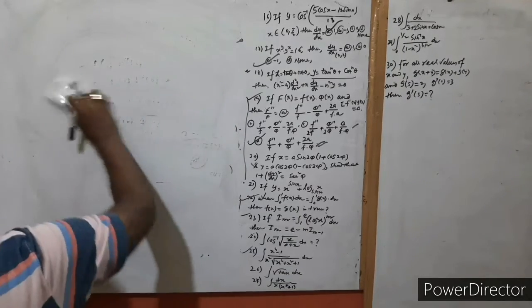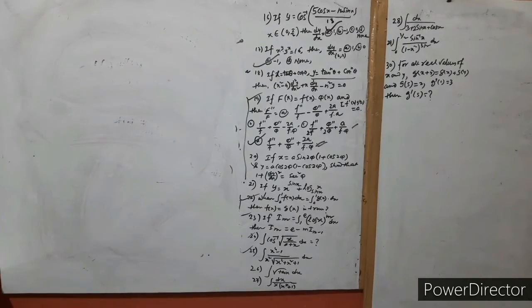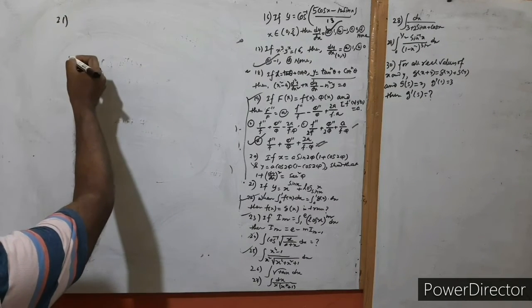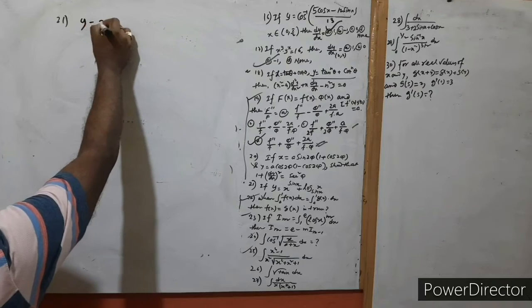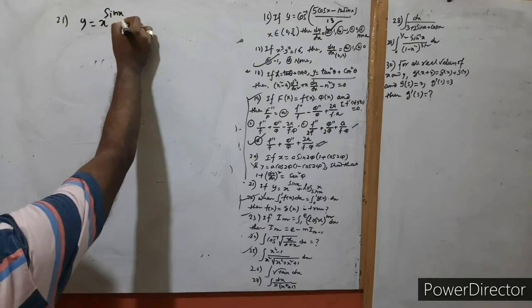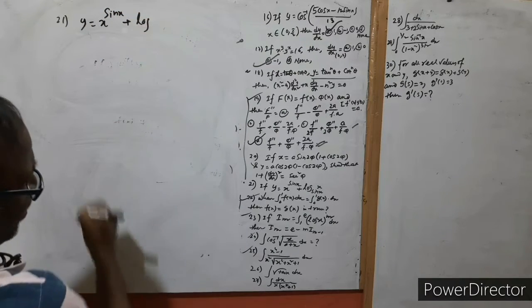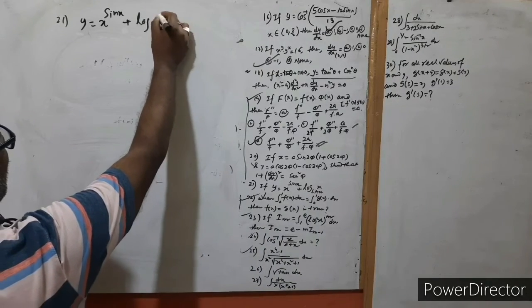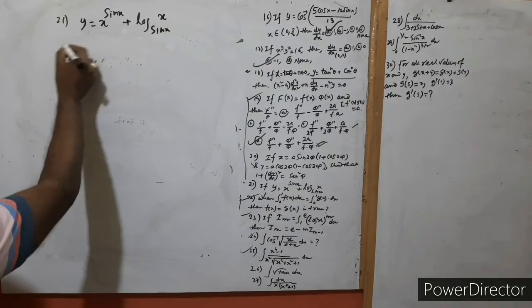Now next problem 21. This is a y equal to x to the power sin x and log to the base sin x, and this is x, and this is variable to the variable.